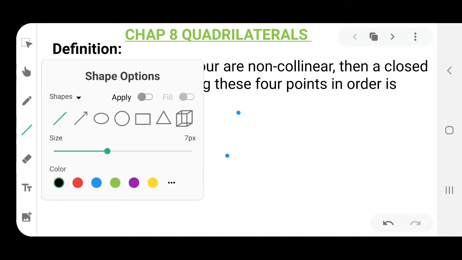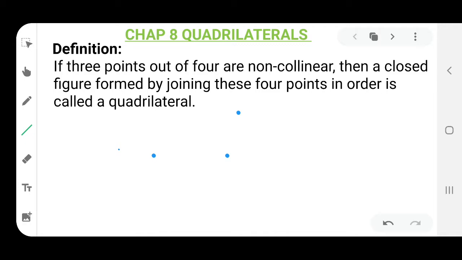If I make a line like this, it goes through 2 points but cannot cover the third point. If I make a line like this, it is not going to pass through this point. So these three are non-collinear points.